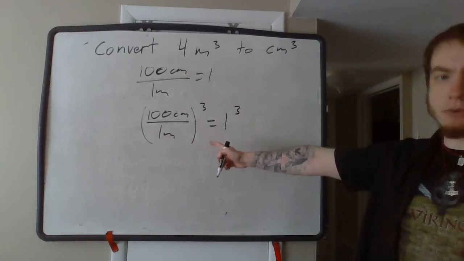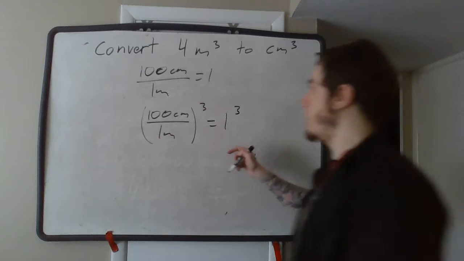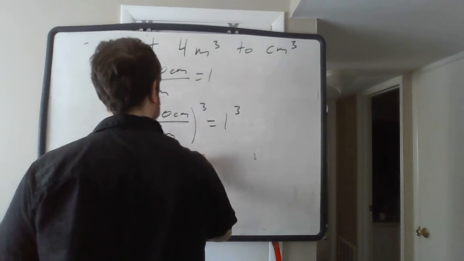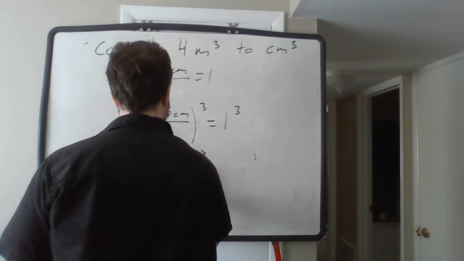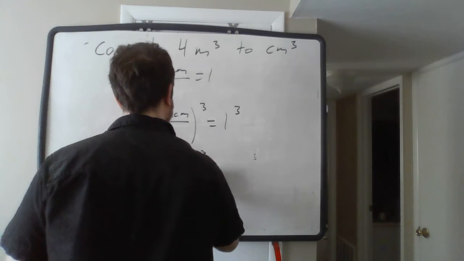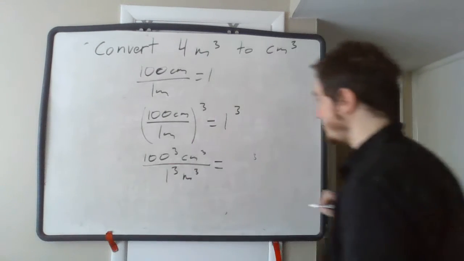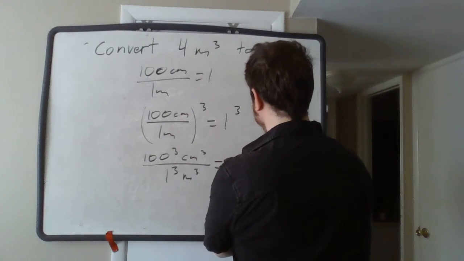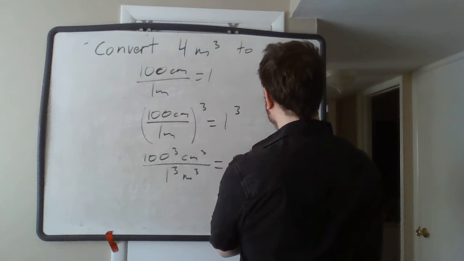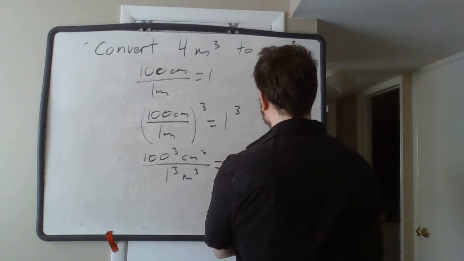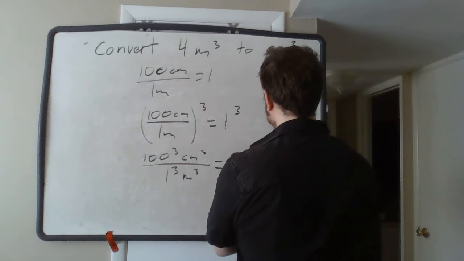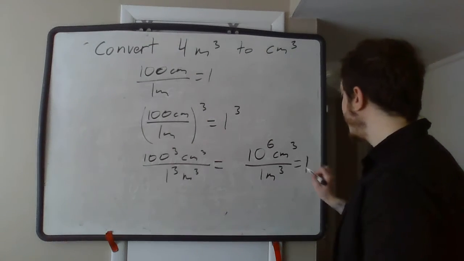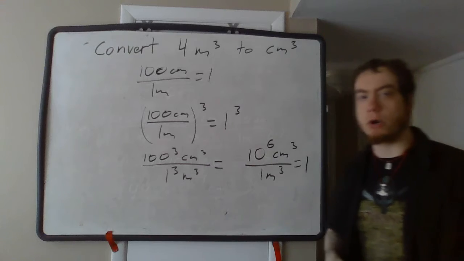So this is still going to be some kind of a conversion ratio. But when I cube this, I get 100 cubed centimeters cubed per 1 cubed meters cubed. And that, of course, is just going to be 10 to the 6th cubic centimeters divided by 1 cubic meter.